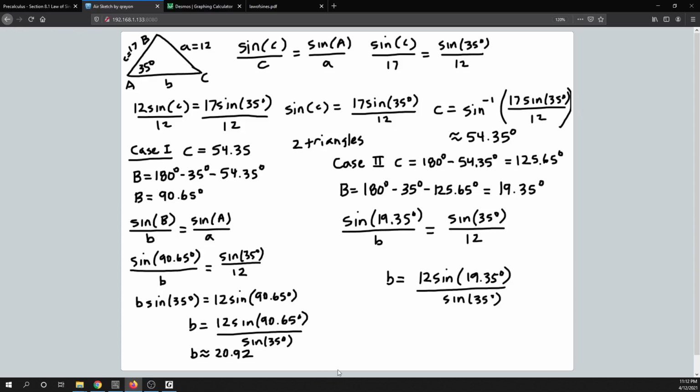So it's exactly the same work as it is over here. The only difference is you're using a different value for angle B in this case. All right, and so now again to the calculator.